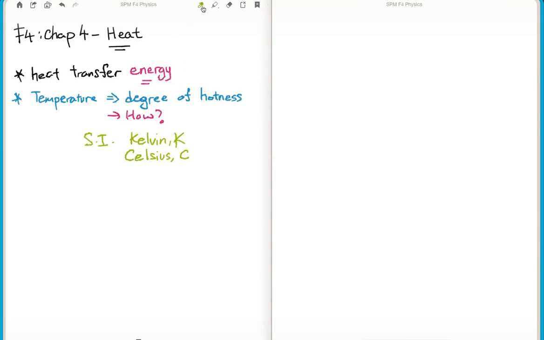So, in Form 5 SPM, you get to know this, and in heat, the first thing you get to learn would be called the zero law. Sometimes later you get to learn this term. It's not in your textbook, maybe you just know it now, called the zero law of thermodynamics.